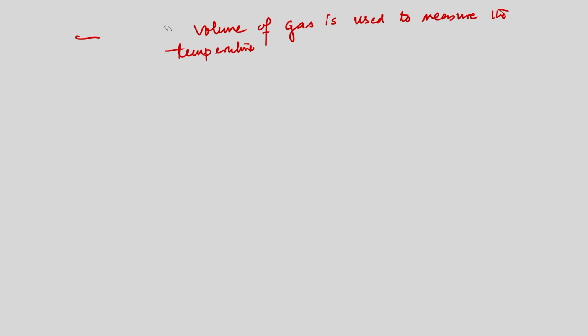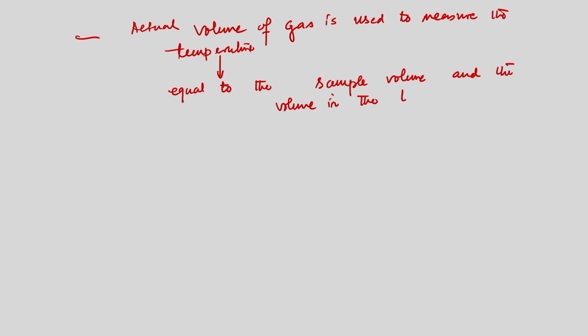So, I cannot simply write that the volume of the gas is used to measure the temperature; rather, the actual volume of the gas which is used to measure the temperature is equal to the sample volume of the gas and the volume in the transmission line.